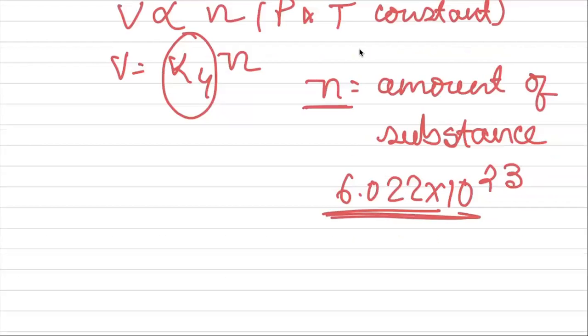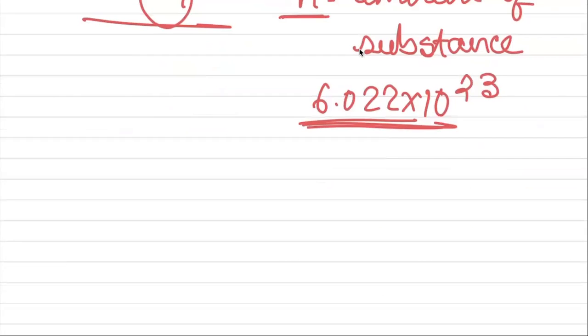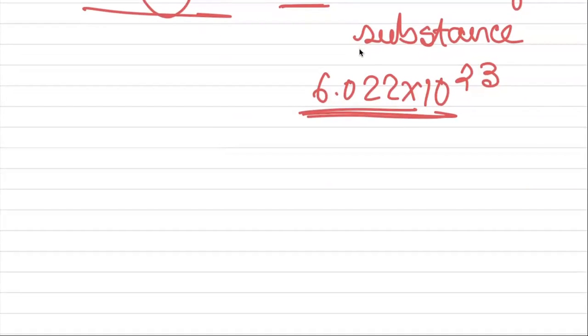Now from this we can also say that all gases containing an equal amount of substance occupy the same volume at the same temperature and pressure. That is Avogadro's law.